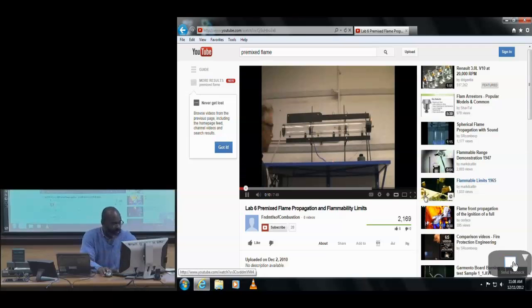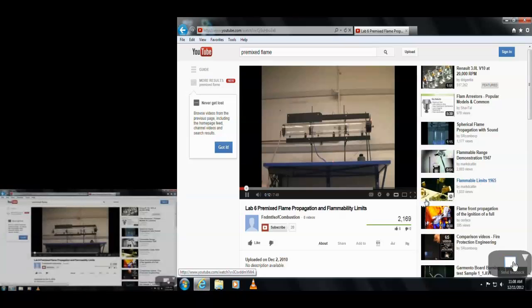What we're doing is we have a chamber that's sealed on one end and open on the other. We are pre-mixing the fuel, and we have two hoses, one that has compressed air, one that has fuel, and we bring them into a T, which is brought in right here on the end of the tube on a small jet.